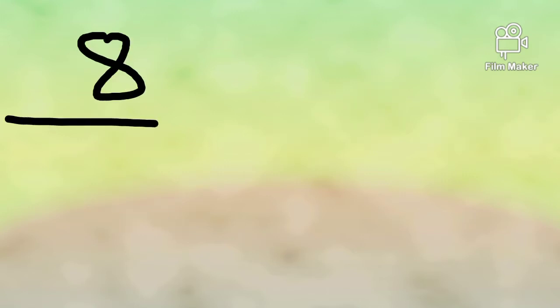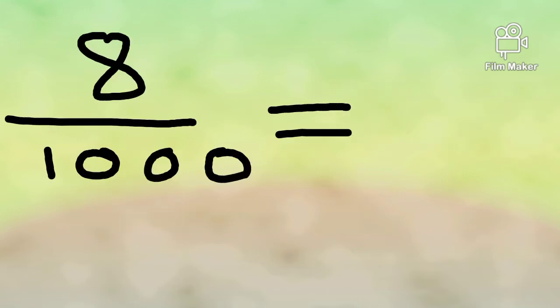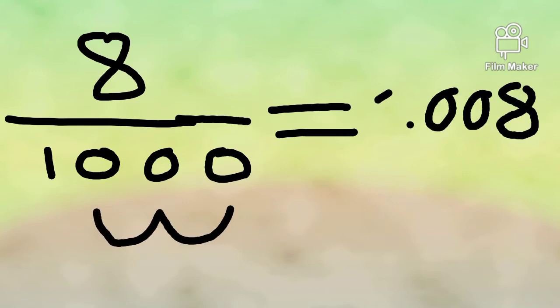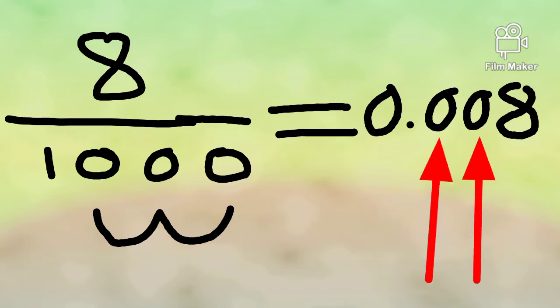See children, this is 8 upon 1000. Okay, what we'll do here, write the number as it is, 8. Then we'll count the zeros, 1, 2, 3. Count it from the right side. After writing the number, we'll put the 2 zeros and then give the point. Okay, then before 3 digits, the point will be there. Means 0.008.